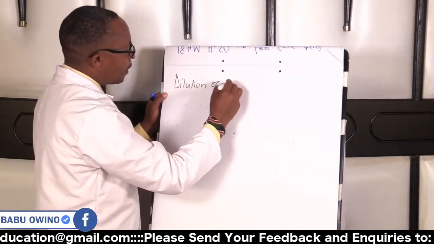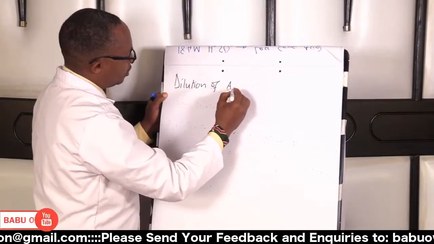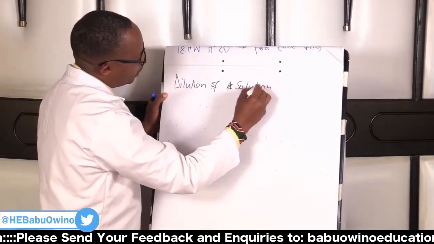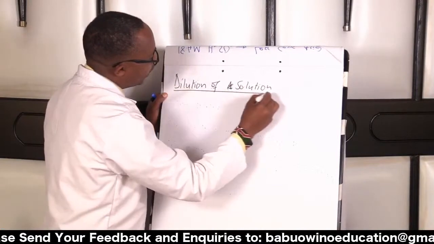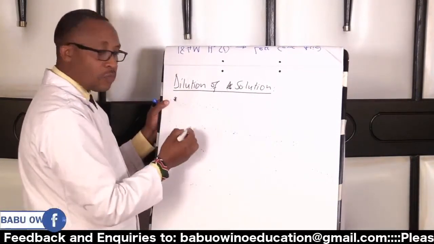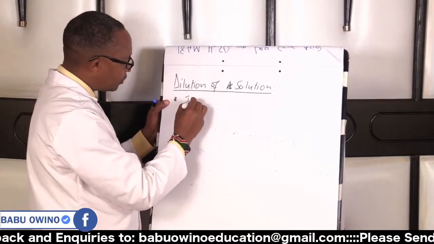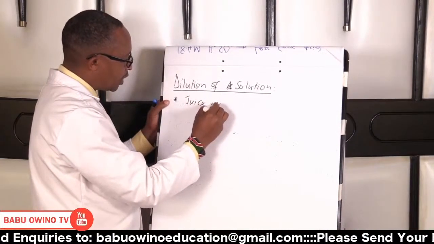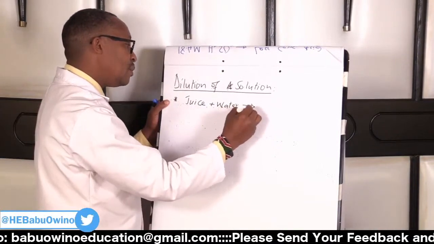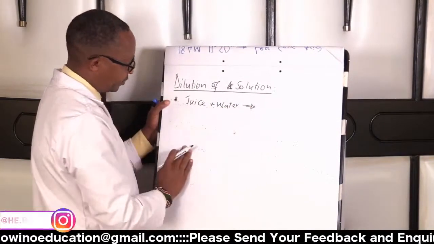Dilution of solutions. Now you certainly realize, where do we dilute? When you have visitors at home and you have some juice, you would add water depending on the number of people who have visited, so that the same amount of juice would be enough.